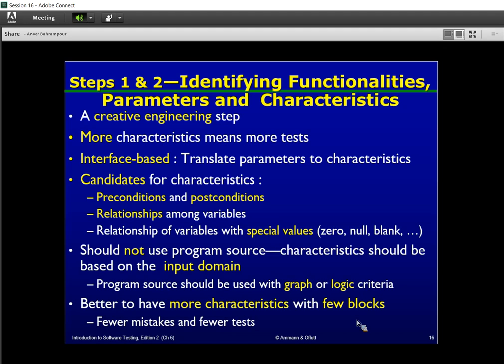In the next session, we will talk about some coverage criteria to limit the test cases to fewer tests.